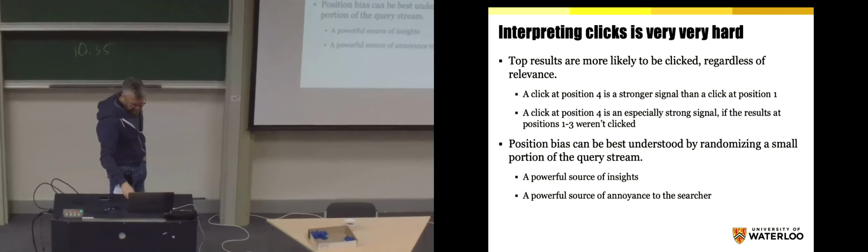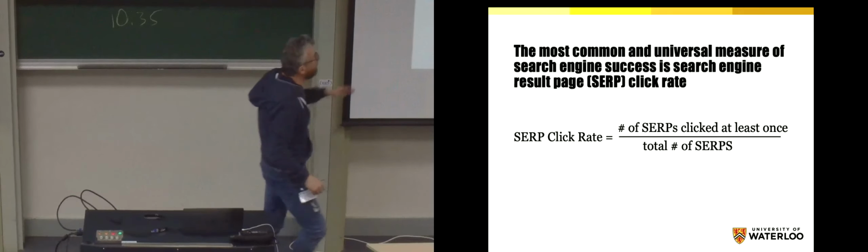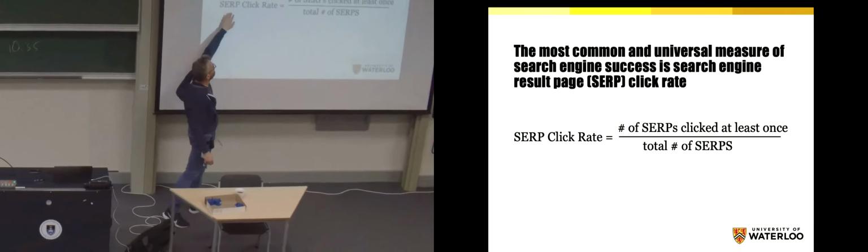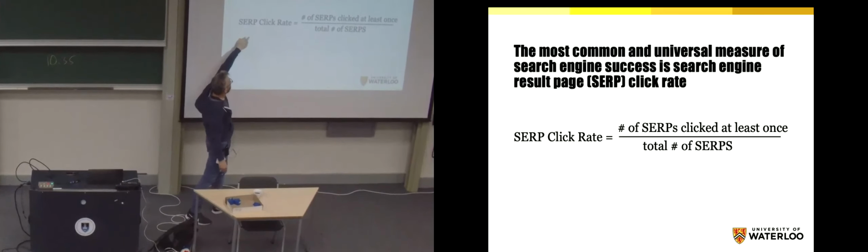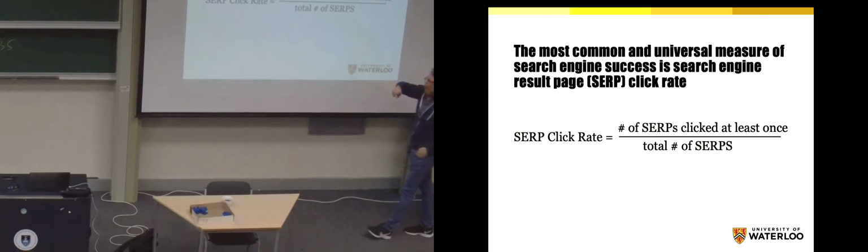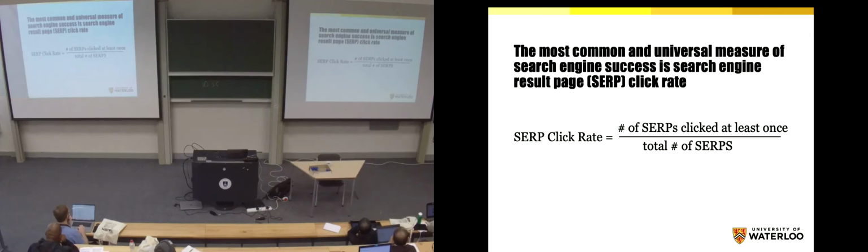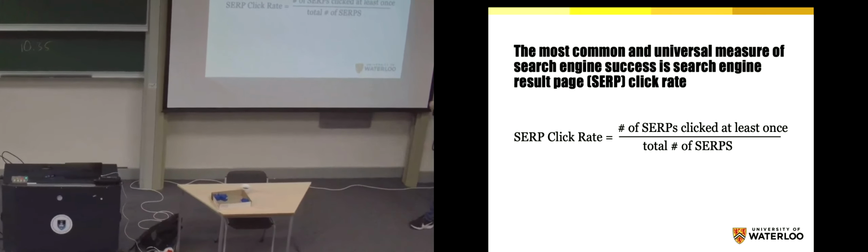Okay, so let's go back to click rate. Here's what people usually mean by SERP, search engine result page, sorry, it says that up there. The click rate is usually, and this is one definition, when someone runs a search and they click on it, that counts in the numerator, and the number of searches they run counts in the denominator.